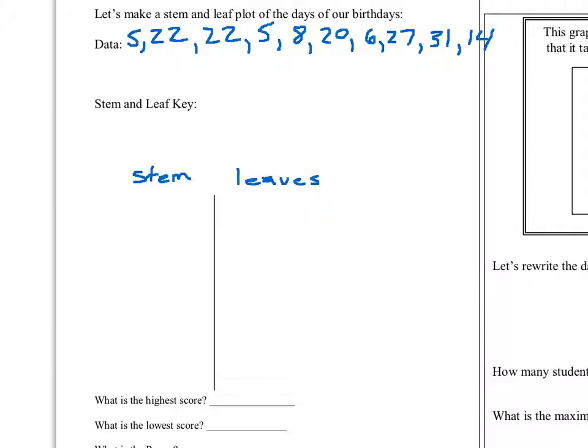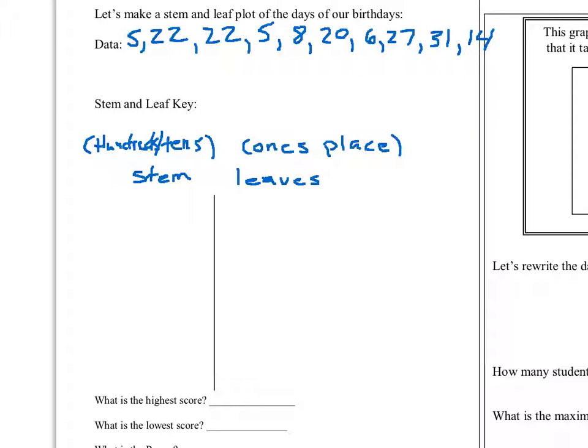The leaves are the ones place, and the stems are everything else. So usually that's just the tens place. But if it goes into the hundreds, we could have that as well. Hundreds and tens.